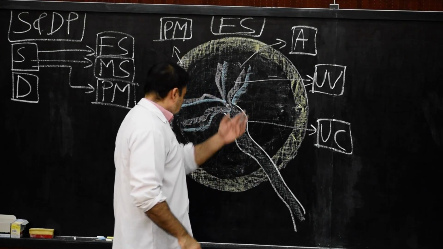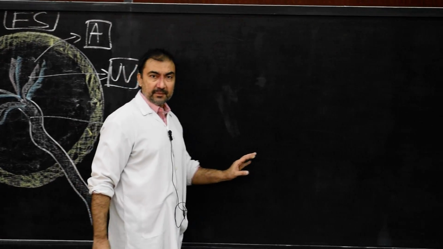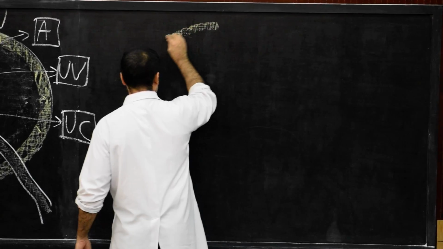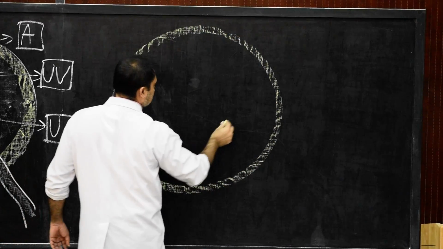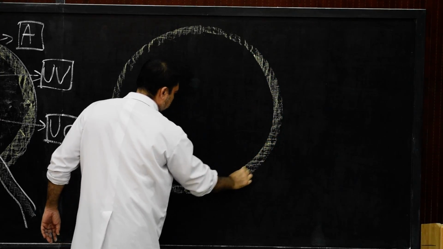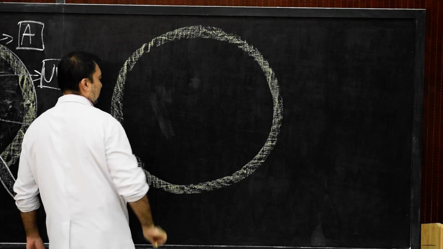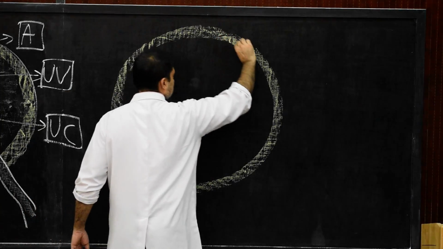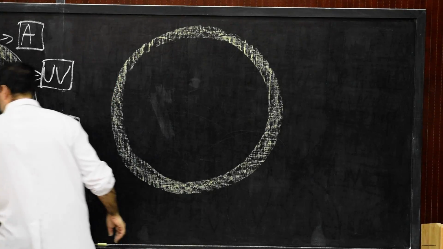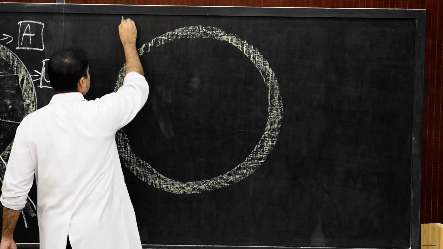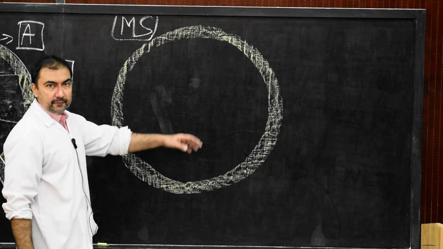After drawing this side, we can come over that side. Please come on this side, and we will draw the maternal side. Now the maternal surface, once again, we will draw this peripheral margin. This is the peripheral margin from the maternal side. Here we are going to mention maternal surface of the placenta, peripheral margin.